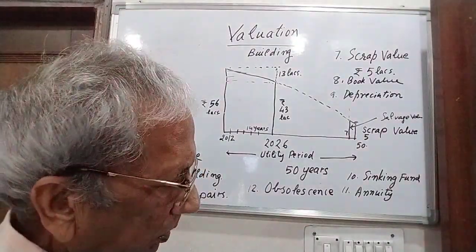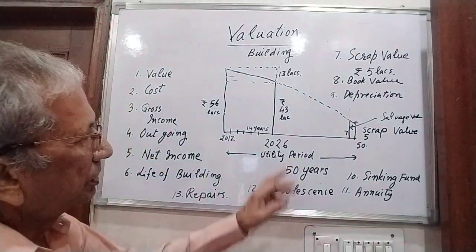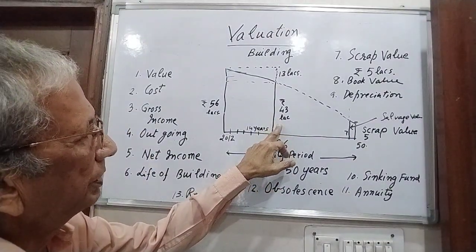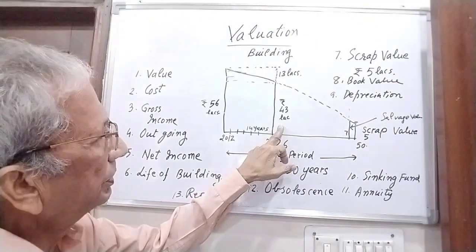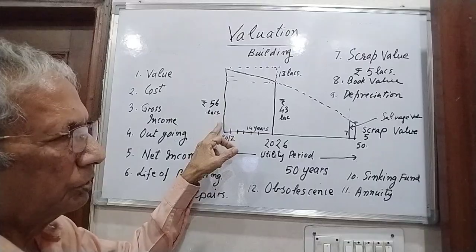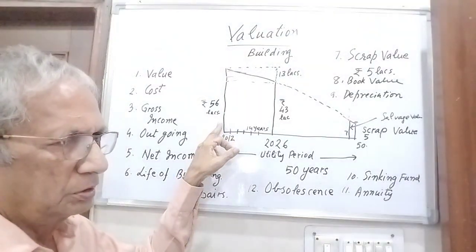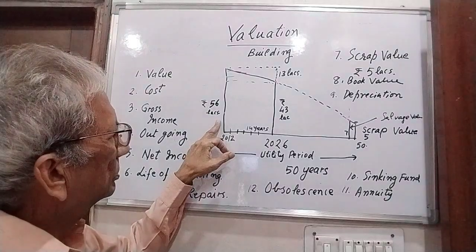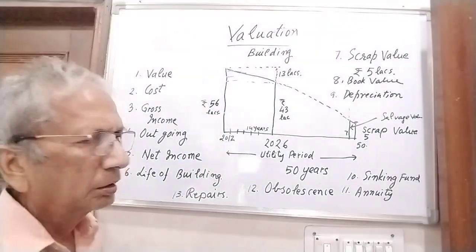This is all about, we have started from the value of the building. Today, the value of the building, market value of the building is called value of the building. And when it was constructed or when it was purchased, that value is called initial cost of the building. This is all.